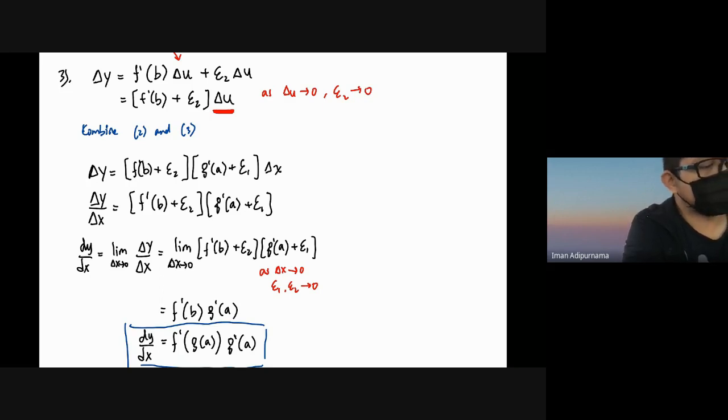And in this case, because we are looking for the concept of the derivative, we need to bring in some epsilon, that is the difference between the derivative itself and the limit of delta y over delta x.